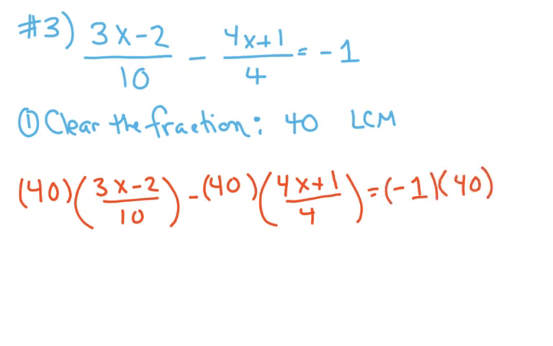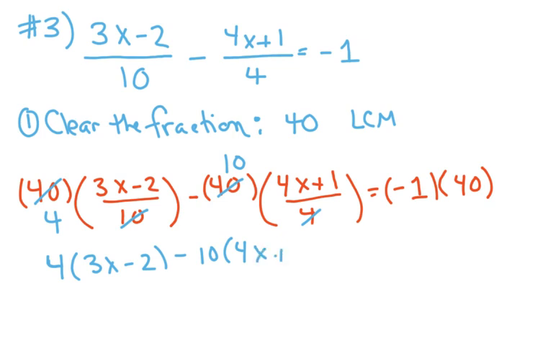Now, I get some cancellation. 40 divided by 10 just becomes 4. 40 divided by 4 becomes 10, and this will just be negative 40. So now I have 4 times 3x minus 2 minus 10 times 4x plus 1 equals negative 40.